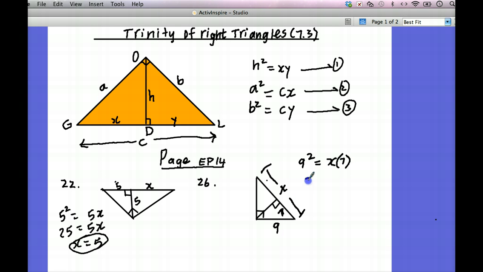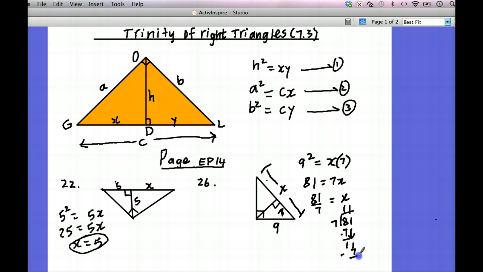So here we have 9 squared is 81, equal to 7x. We divide both sides by 7, and we get x equals 81 over 7, which would be like this. 7 goes into 8 once, bring down a 1. 7 goes into 11 once again.